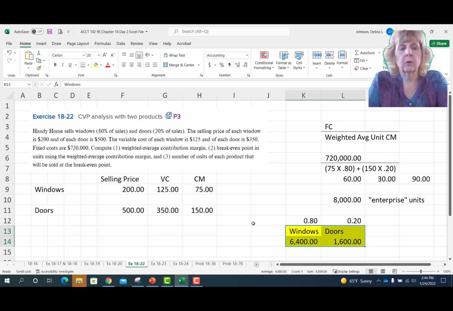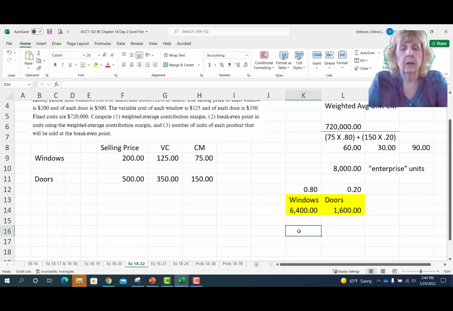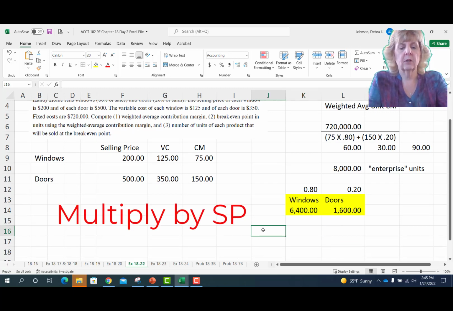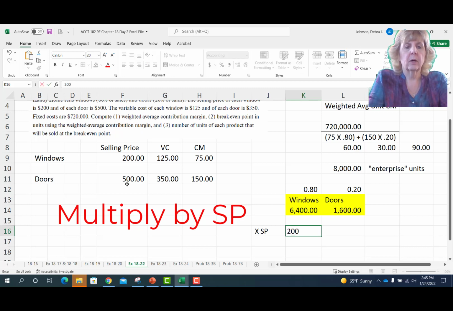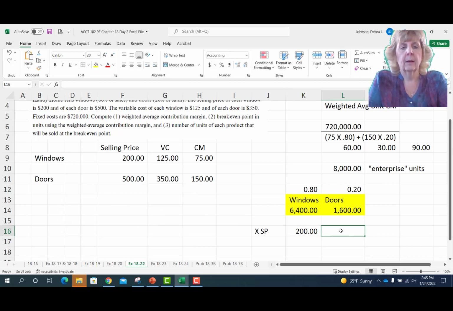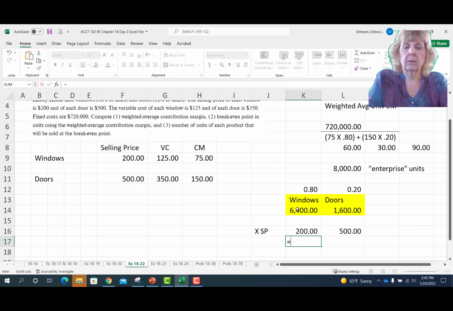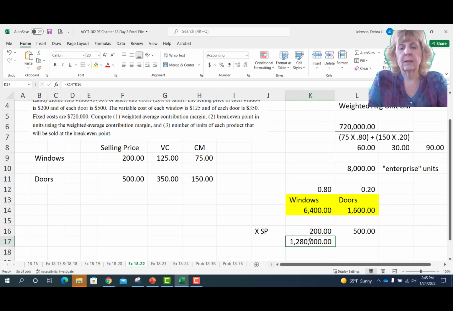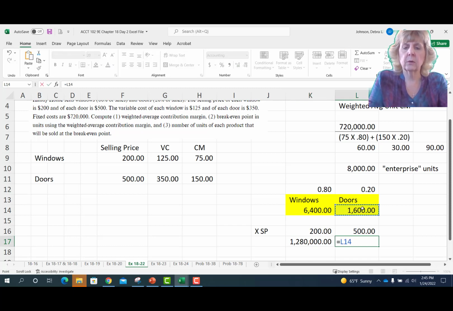If I wanted to turn those into sales dollars, and I'm not sure the author asked you to, but if you needed to turn those into sales dollars, the easiest thing to do is just multiply by the sales price. So even looking back over here, my sales price on the windows was $200. My sales price on the door was $500. When I do the math, we would have break-even sales dollars of $1,280,000 on the windows.